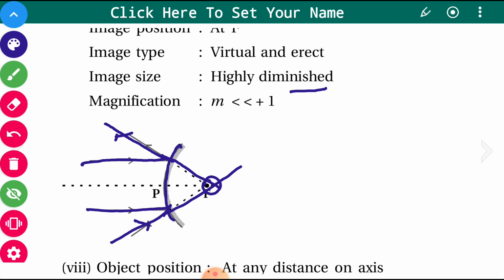Therefore magnification is less than 1. Highly diminished, smaller than the object, so magnification is less than 1, and if it is an erect image, then this will be a positive value.